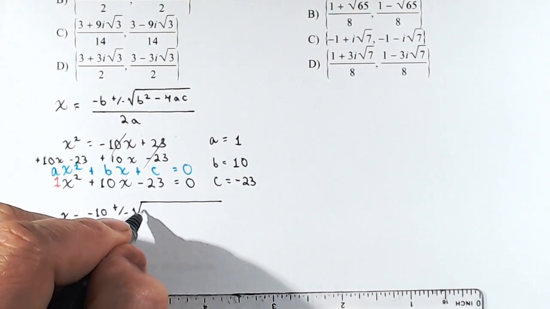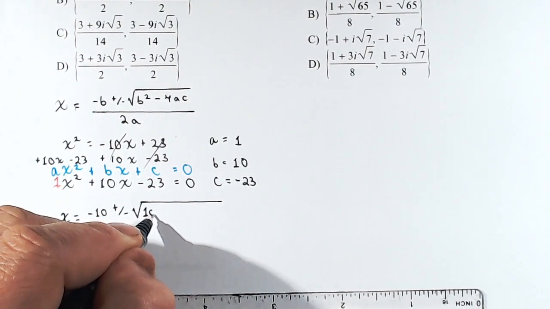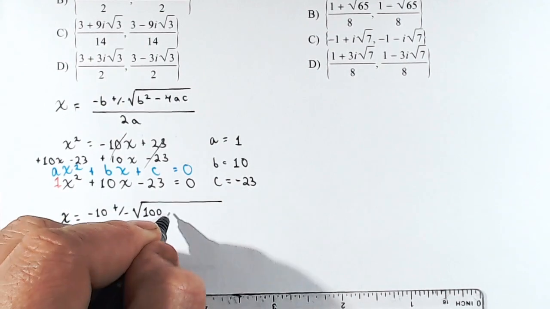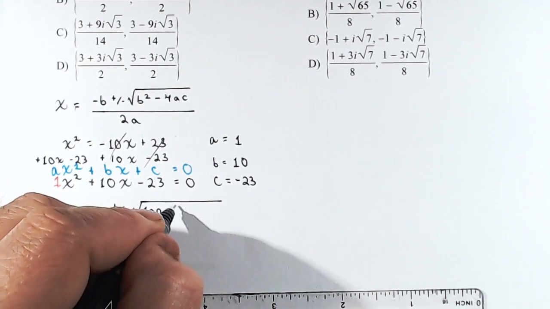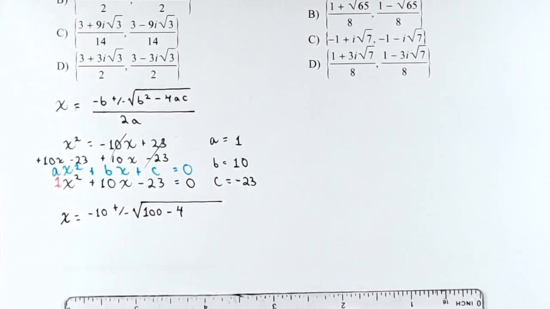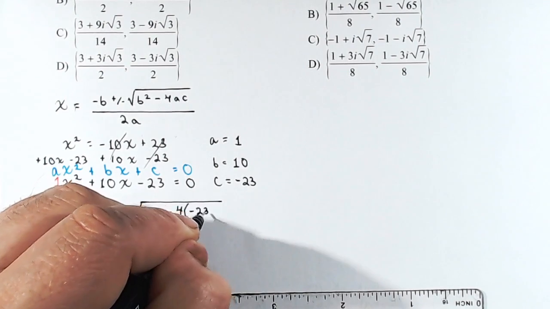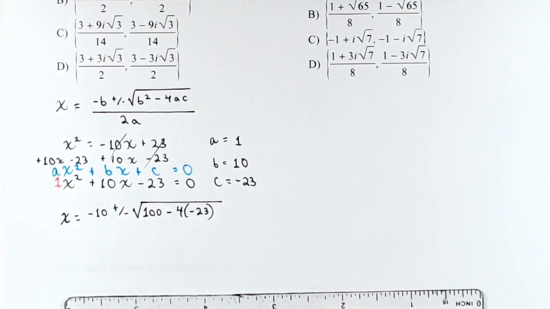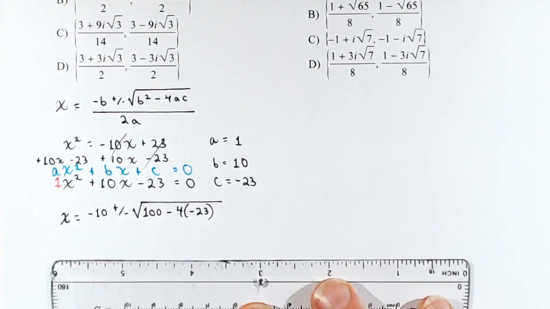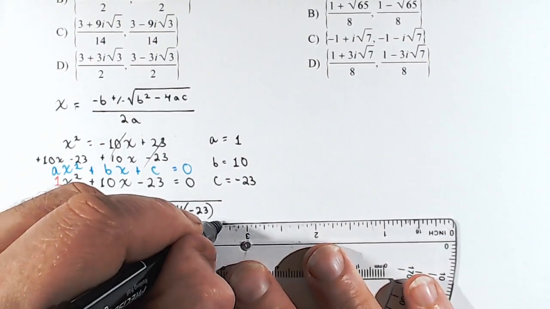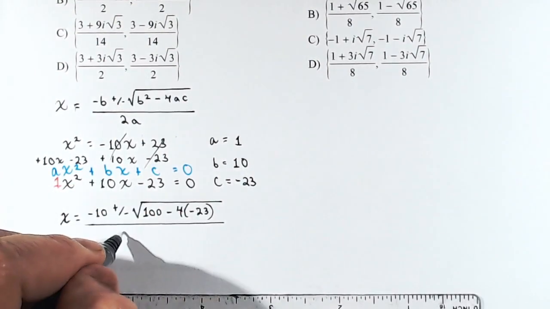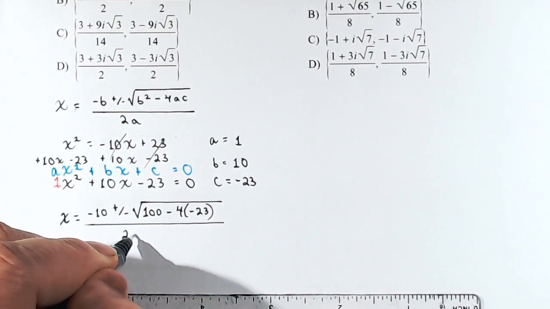So 10 squared is 100 minus 4 times 1 times c, so that will be 4 times negative 23, because the 1 doesn't really matter, all over 2 times 1.